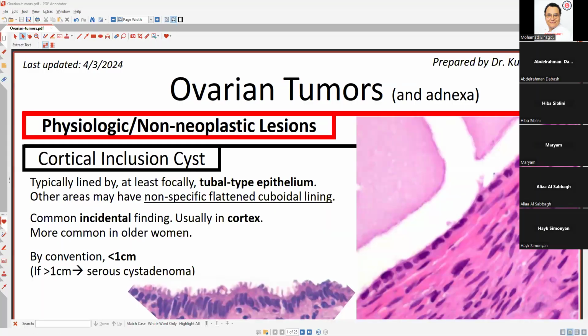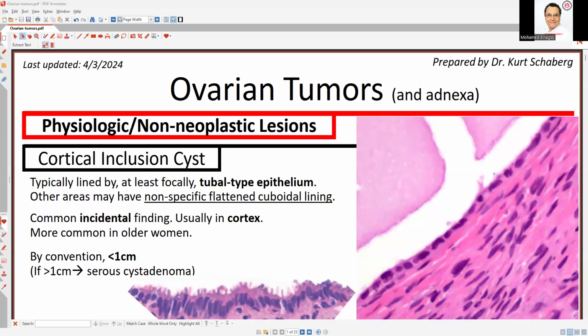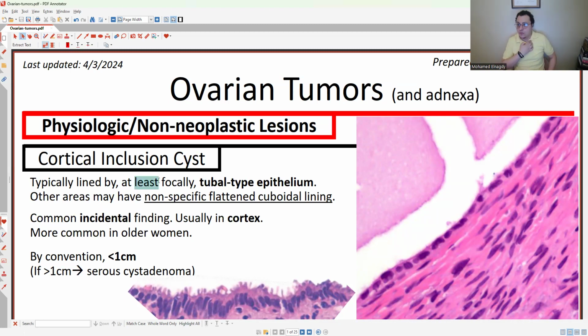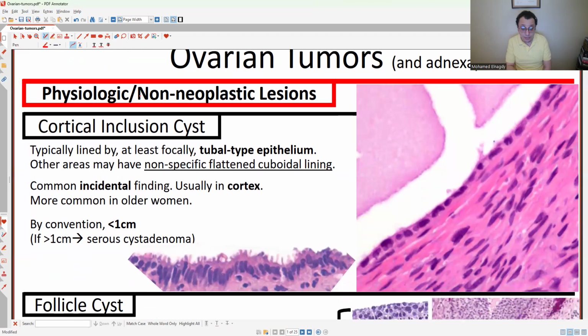So what I did in these notes is, so if you look at there, he also updated the notes for the ovarian tumors recently, so last month.